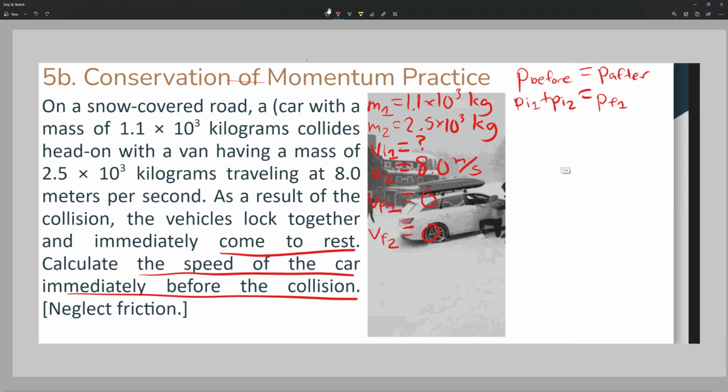So both of these objects stick together and they come to rest, which means that we can treat these 2 objects as one entire object, right? Both these masses lock together. So we can treat this entire system as its own thing, which is why I don't expand that. I'm going to expand this bottom row right here.